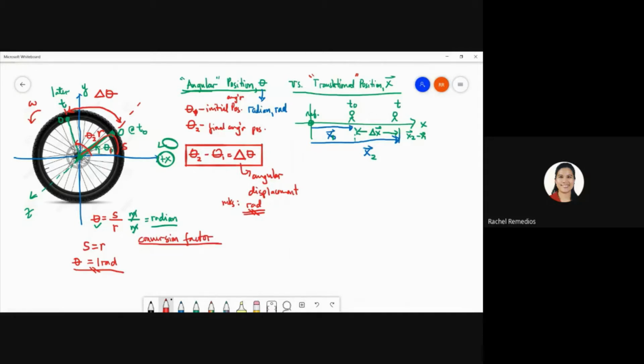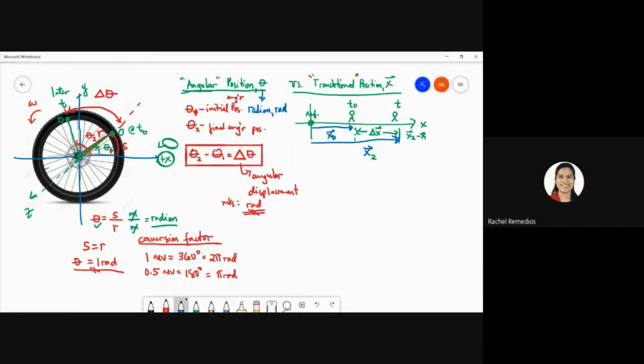So, we say that in one complete revolution, that would be 360 kung degrees ang unit mo. And then kung rad naman, that's 2 pi rad. And then from this, you can generate other conversion factors. So say for example, kung kalahati lang yung gusto mo, 1/2 revolution, that would just be 180 degrees, and that is just pi rad.